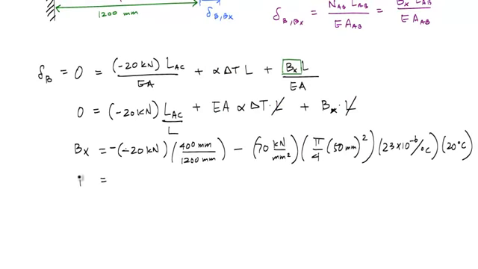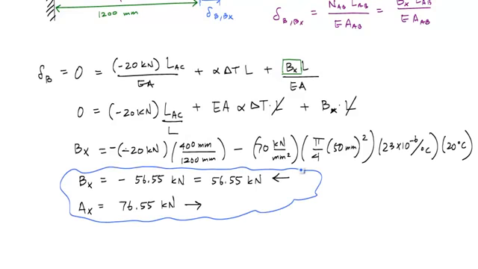This Bx is negative 56.55 kilonewtons, which means it's 56.55 kilonewtons pointing in the opposite way that I initially drew it. And so that means 56.55 to the left. And if I substitute this into the equilibrium equation, I will get Ax is 76.55 kilonewtons to the right.